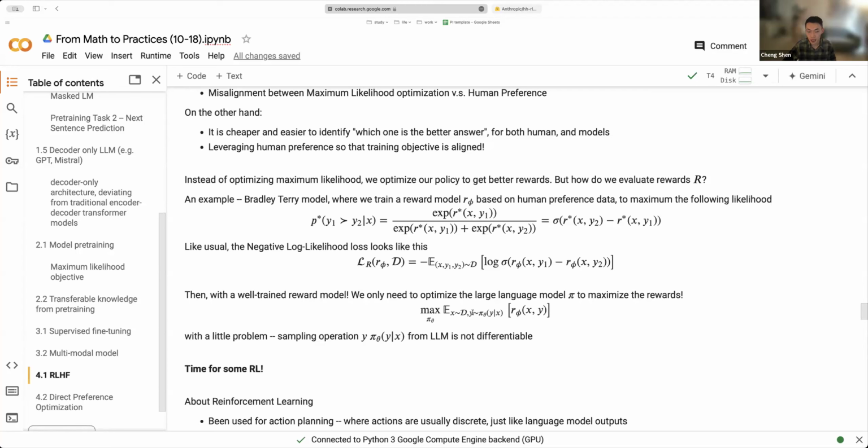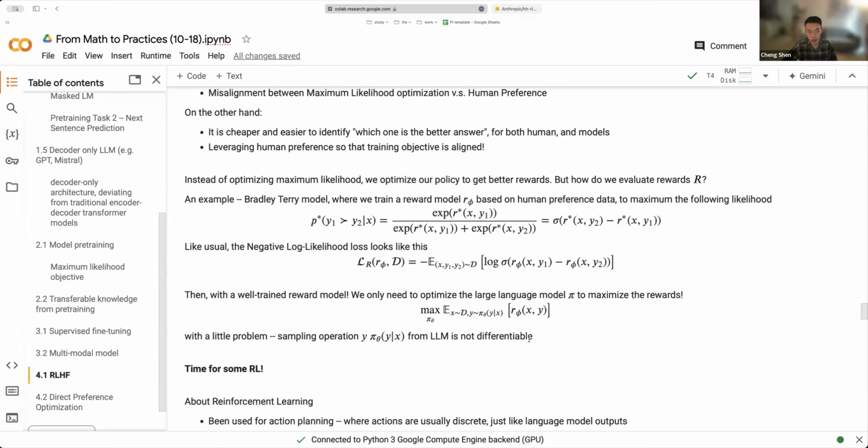Notice that we have an operation here. We sample Y from the large language model, we sample the responses, and we calculate the rewards. But this sampling operation is not differentiable in a large language model.